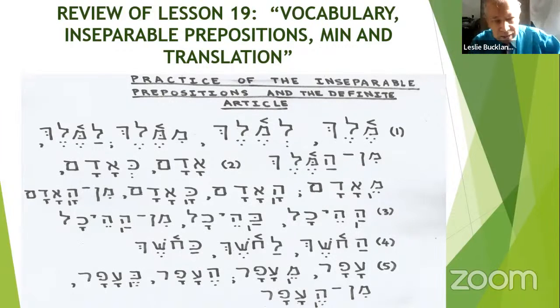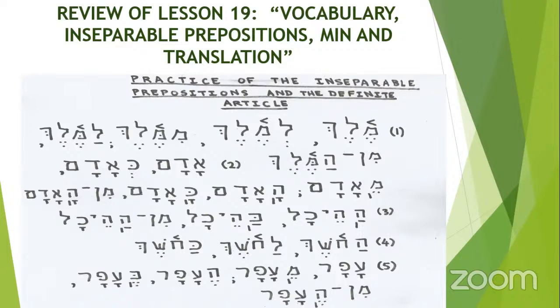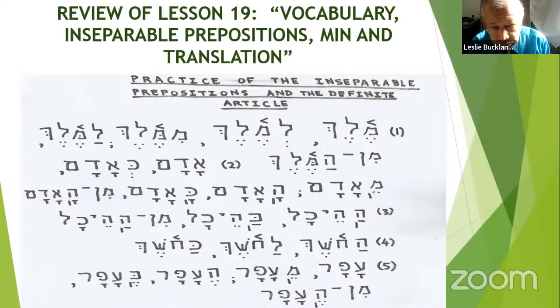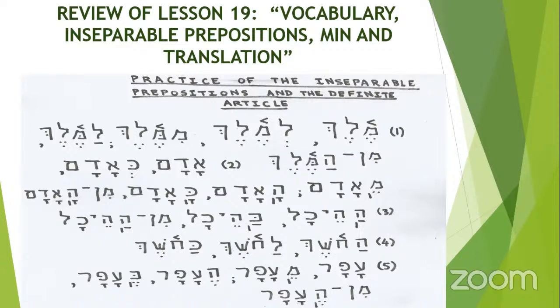How would you translate min hamelek? So min is from. And from the king, that's correct. Min is from, ha is the, and melek is king. So it's from the king.